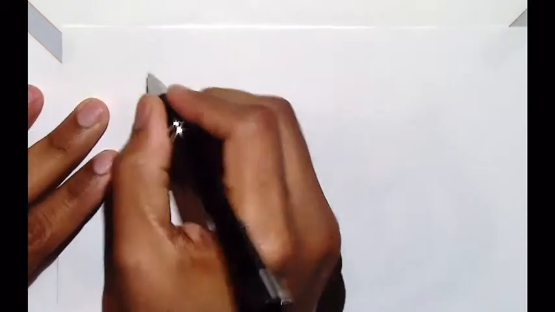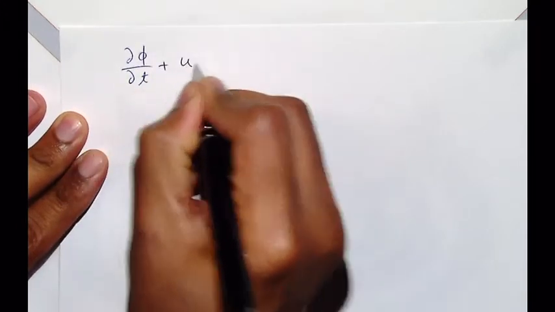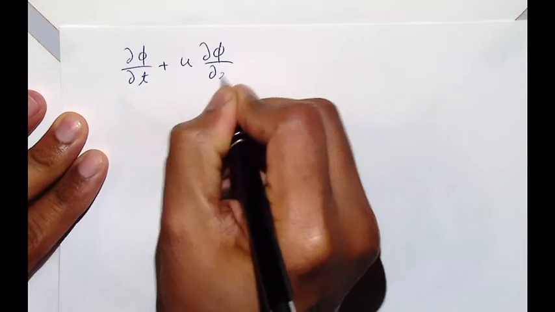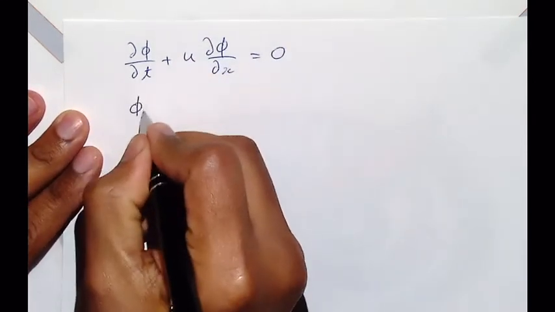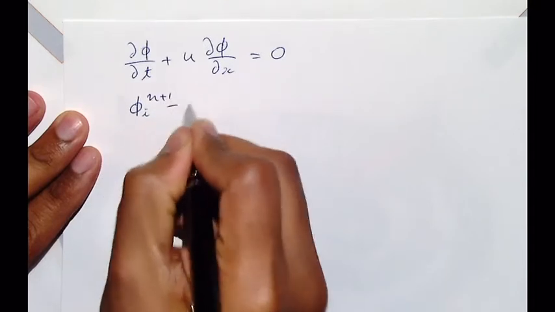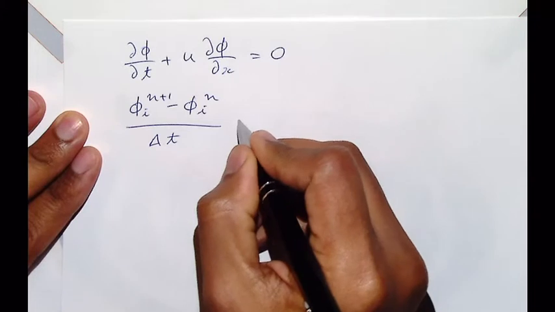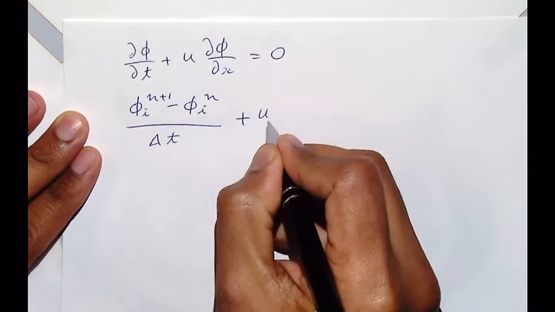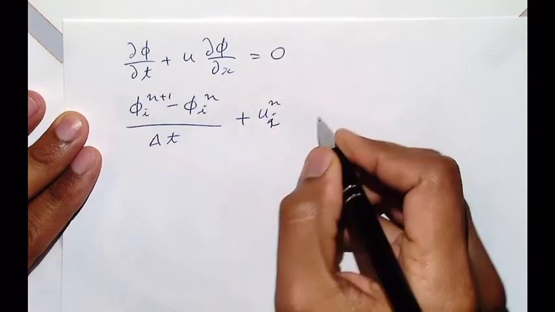Okay, so for upwinding, this was our advection equation: del phi by del t plus U del phi by del x equals 0. And for upwinding, we said we will write this as phi at I, n plus 1 minus phi I n over delta t, plus U I n times the derivative.